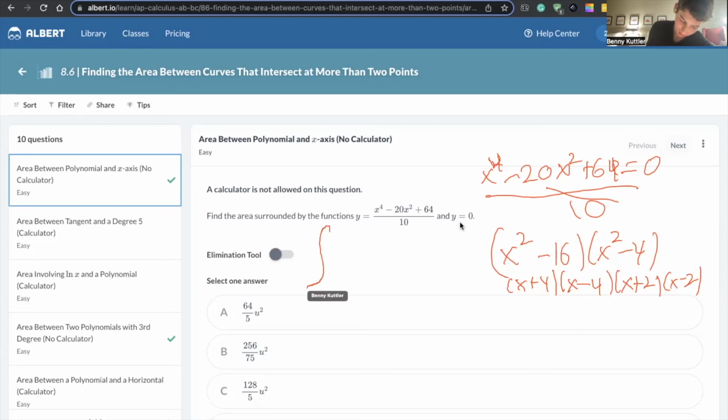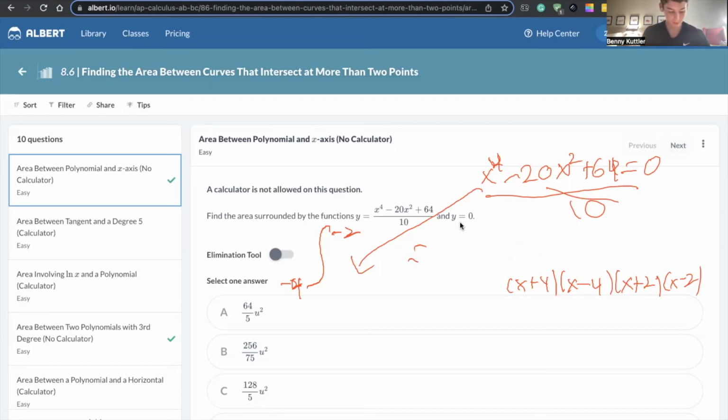So we'll take the integral between negative 4 and negative 2 of this whole thing. So we'll have x to the 4th over 10, so x to the 5th over 50. I'm gonna have to clear that. x to the 5th over 50 times 5 is x to the 4th over 2.